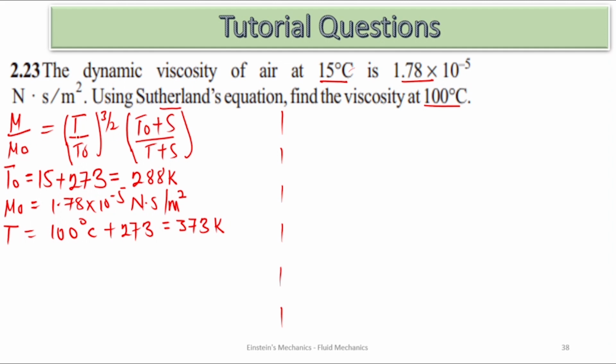Are we good? Remember, this equation works for gases. And we have a table for the constant. For air, because we want to know the viscosity for air at a certain temperature, the Sutherland's constant S is given as 111 Kelvin. So we can use this as the constant.